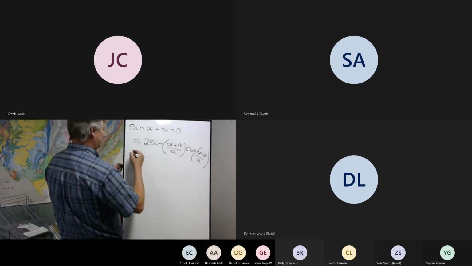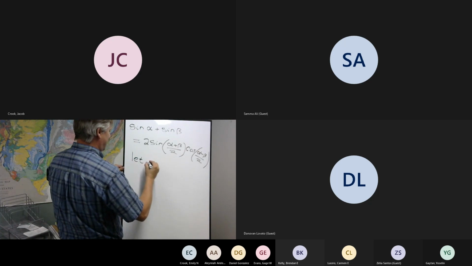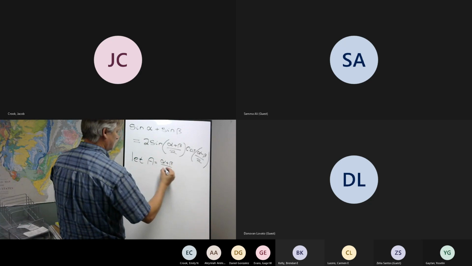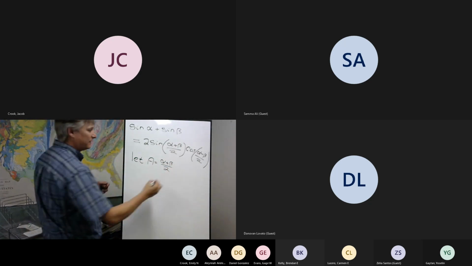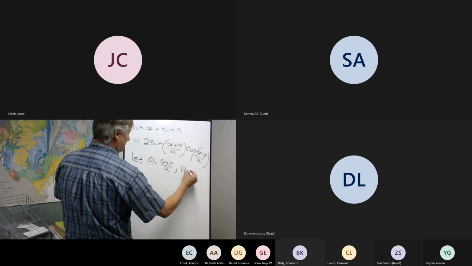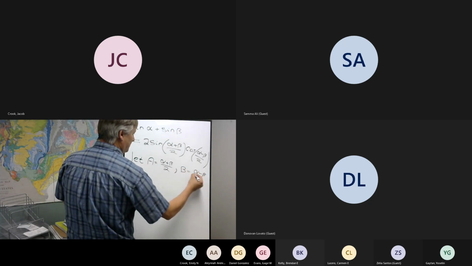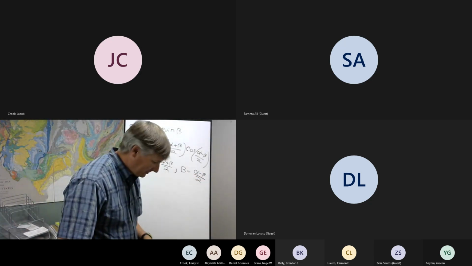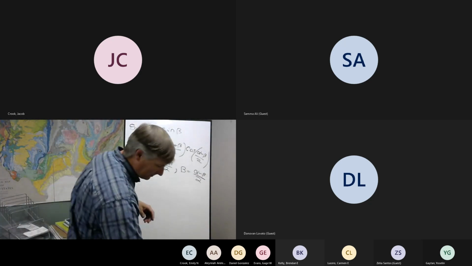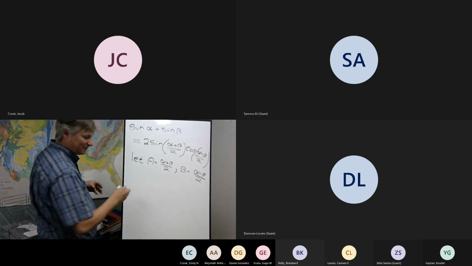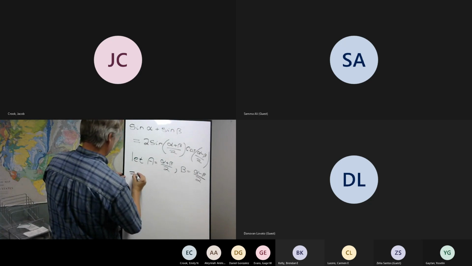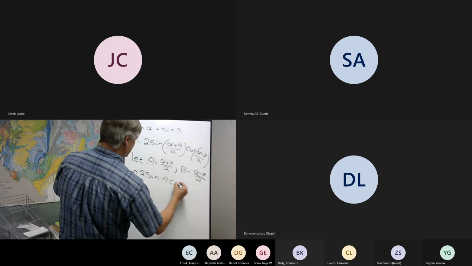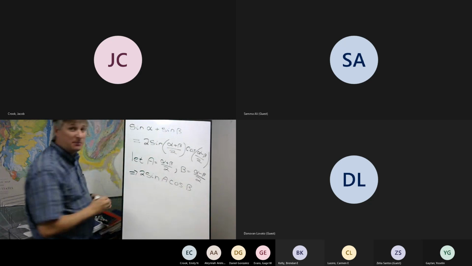So what we're going to do, let A equal alpha plus beta over 2, and B alpha minus beta over 2. So what that's going to give us is 2 sine of A cosine of B.